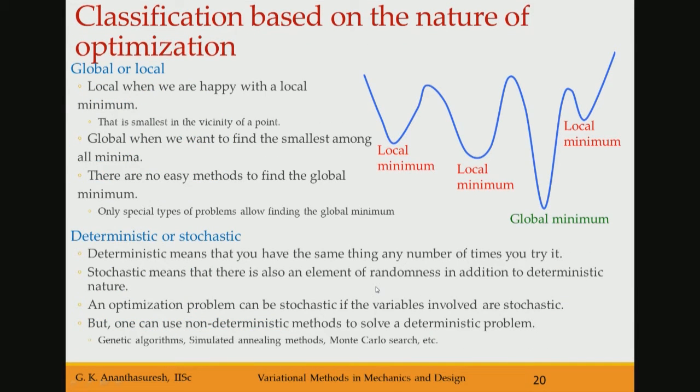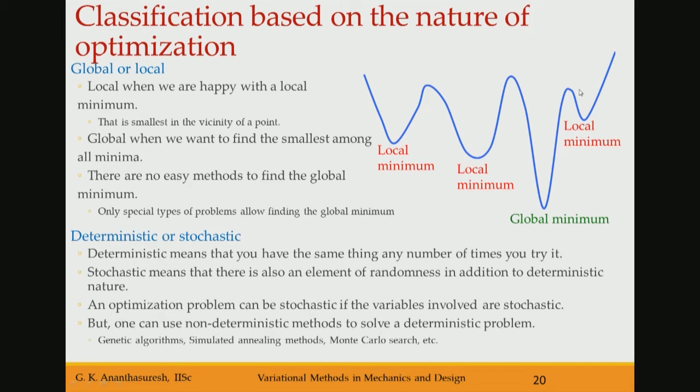This thing about global and local, we discussed it earlier, but here we are showing it in a pictorial fashion. If I have a function, this blue curve coming down, going up, reaching a maximum, reaching a minimum, another maximum, another minimum, another maximum, another minimum, all these minimum points are what we call minima as a plural.